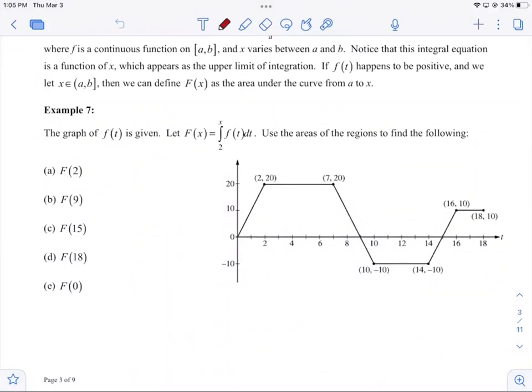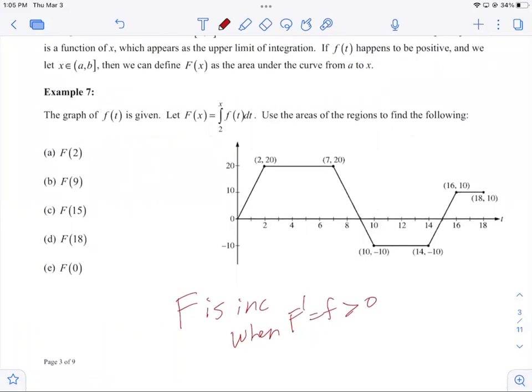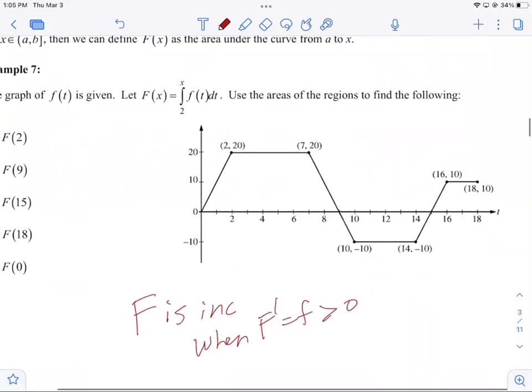Because I can ask you where F is increasing. Big F is increasing when big F prime, which is little f, is greater than 0. And I can even ask you for concavity by taking the second derivative, right? The derivative of big F is going to be the function values, and the second derivative of big F is going to be F prime.